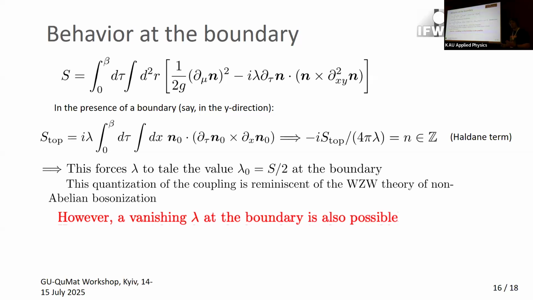You can imagine, okay, if I have a boundary, you do a simple partial integration. So I get, in the boundary, exactly the Haldane term. Except that I don't have any reason to imagine a priori, from knowing what's happening in the bulk, that lambda should be quantized as in the Haldane case. But it's possible that lambda flows to quantized values.